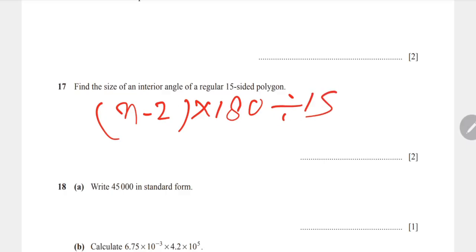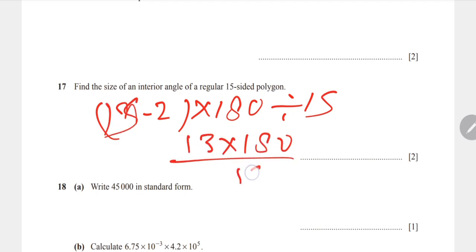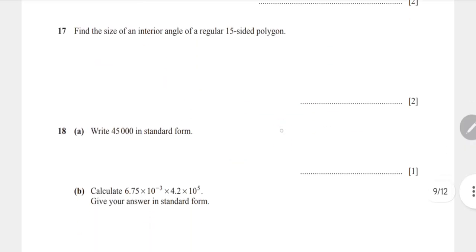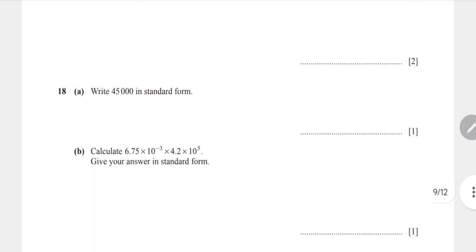Here n is 15, so write down 15 minus 2, which is 13, multiply 180 divide by 15. When you divide it, the result is 156. So each interior angle is 156 degrees.